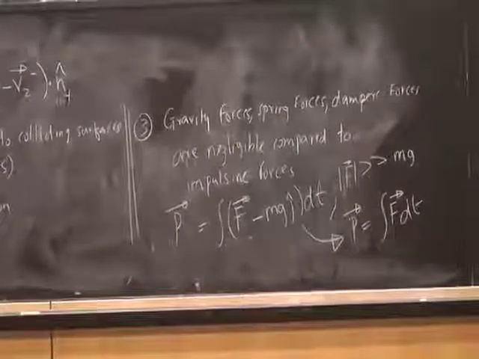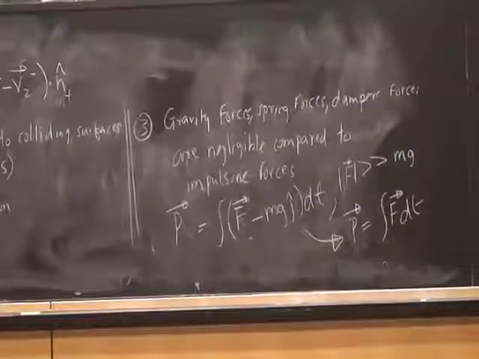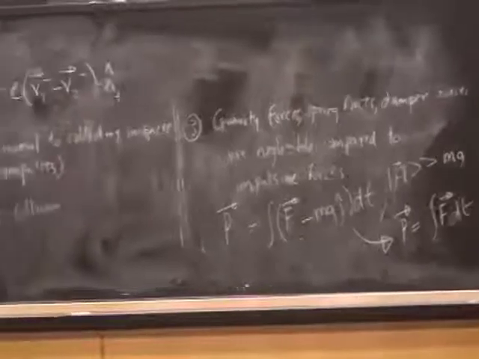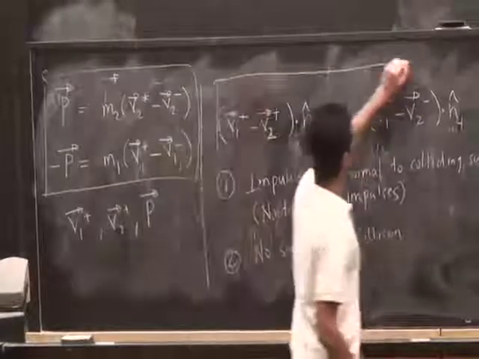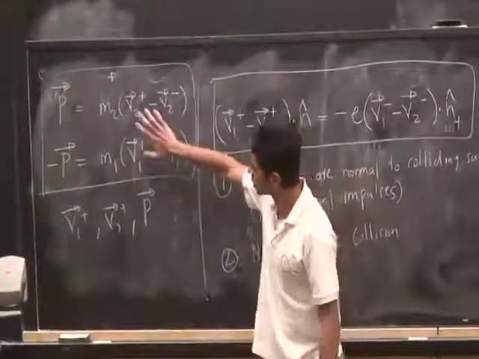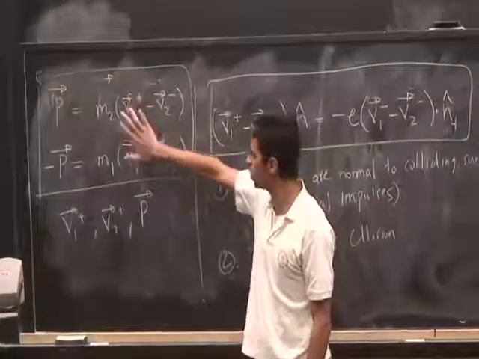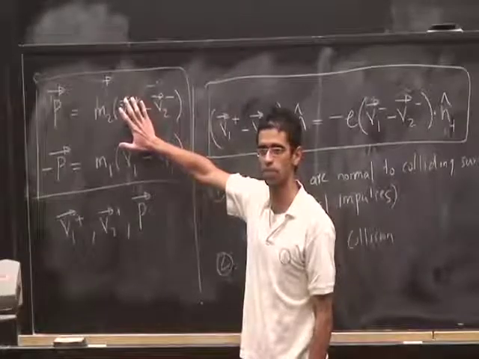So since we've set up the equations of collision, these three equations, let's try to solve some problems. But by the way, I forgot to mention, if you add these two equations, in star, you'll see that you recover the conservation of linear momentum.